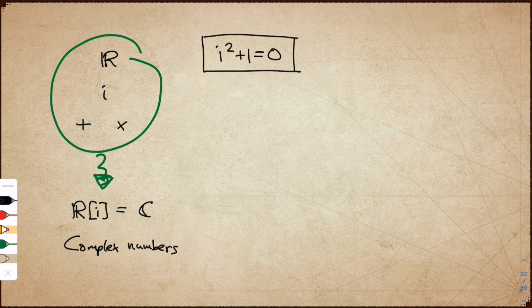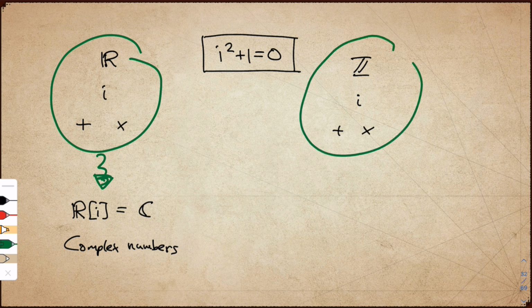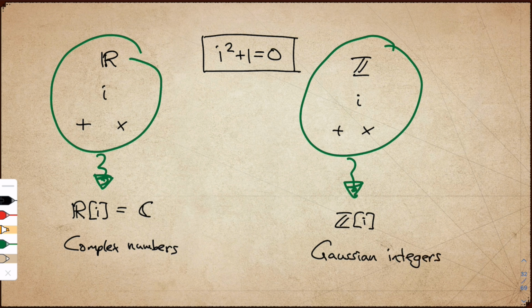Now we can do the same thing again, but this time starting not with the real numbers, but with the integers. So we have the integers, we throw in the new number i as before, and we think of everything we can generate with multiplication and addition from that. This set of numbers is written Z adjoined i, there is no special symbol for them, and they are called the Gaussian integers, after the mathematician Gauss.